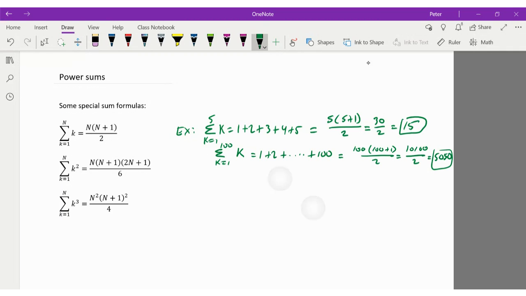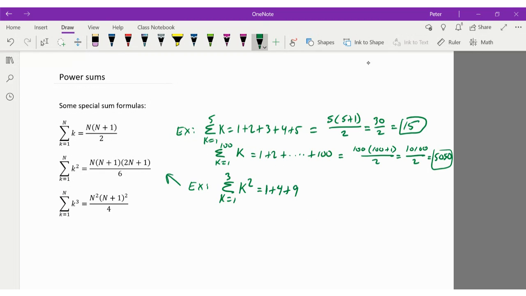I'll just do an example of the second one. The sum from k equals 1 to 3 of k squared, which is 1 plus 2 squared is 4, plus 3 squared is 9.